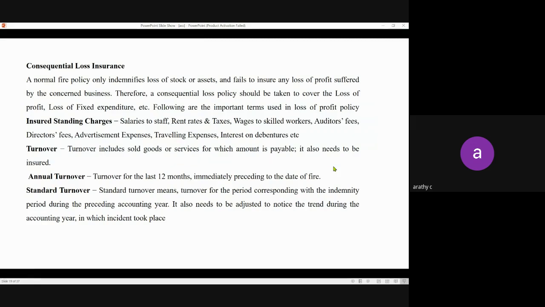Next is claim for loss of profit, otherwise known as consequential loss insurance. This is the second type of insurance claim.